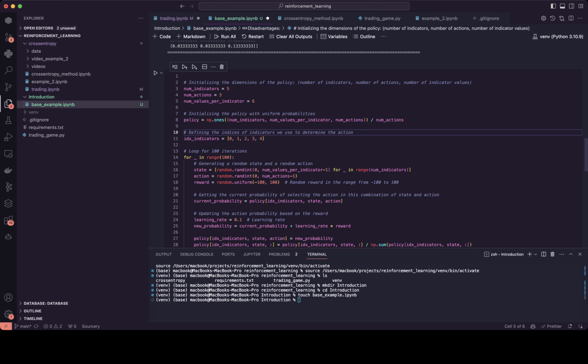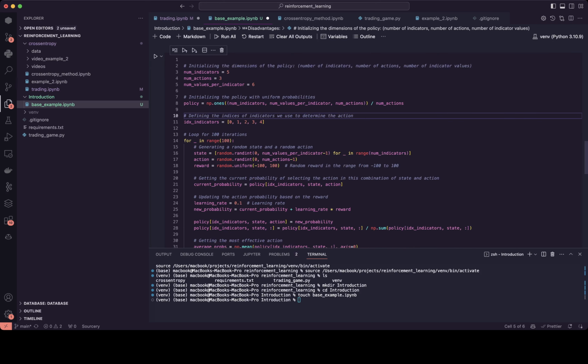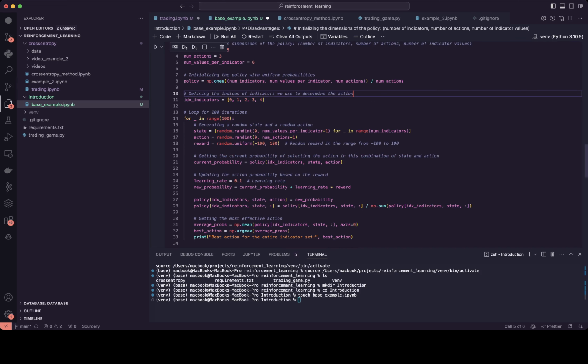The index of indicators, okay, because 5, yeah, and the index is from 0. And next we just create a random state, random action, and some random reward. The main idea is to understand how this policy is updated each time.